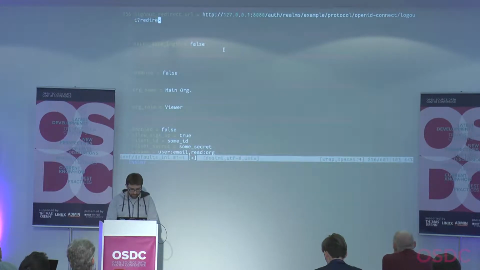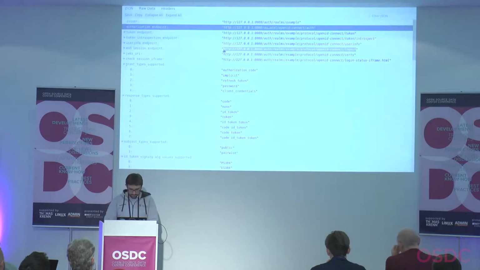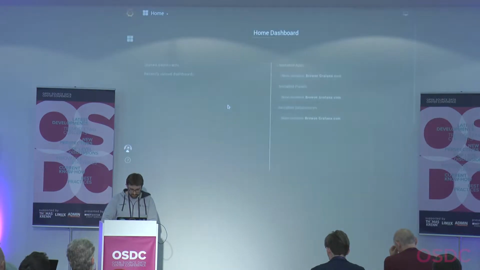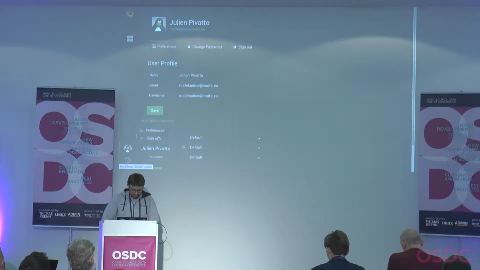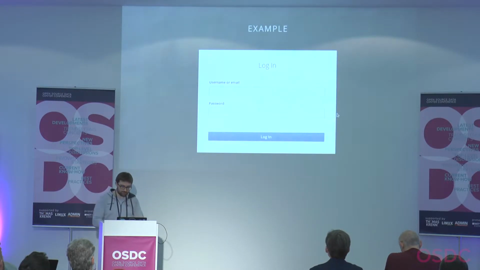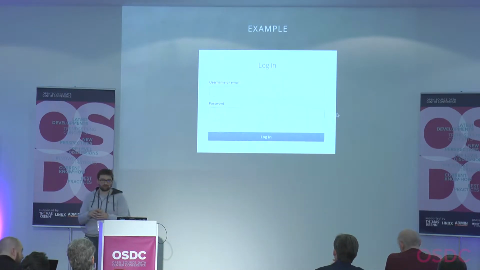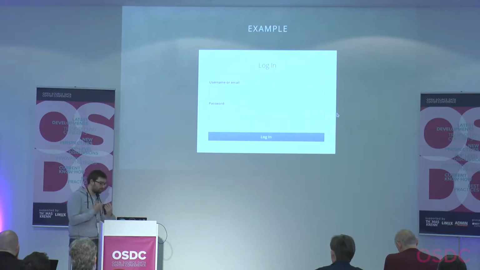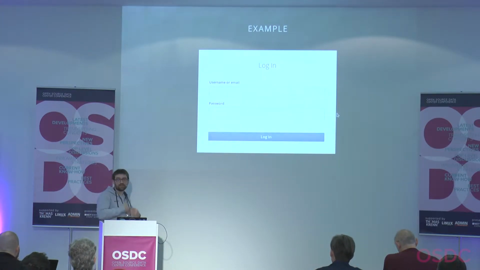I will add redirect URI at the end to get back to my Grafana. So that should do it now. So now I should have a Grafana server where I can actually sign out. And when I sign in with Keycloak, I need to enter my password again. So what happened there is that at the end of the workflow, I have told Grafana to redirect me to Keycloak to say, hey, that user wants to disconnect. So I am also disconnected from Keycloak.